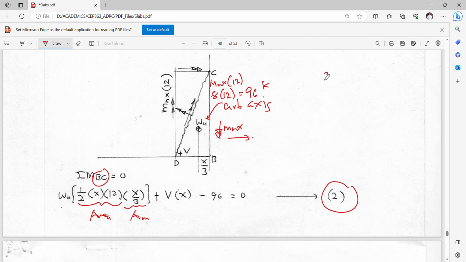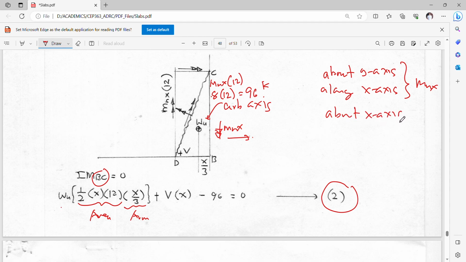There's a difference between about and along. When you say along the x-axis, it will be about the y-axis, and this pertains to mx.